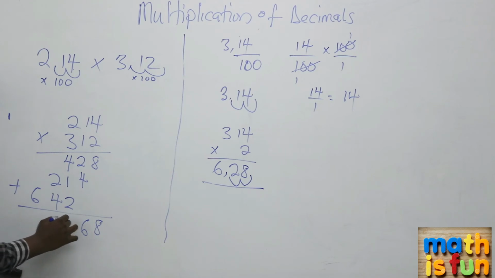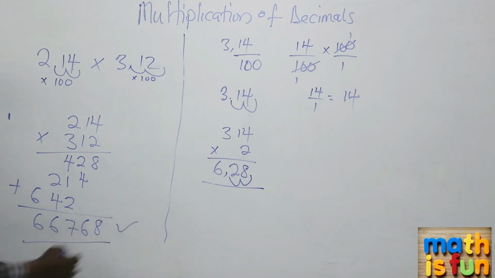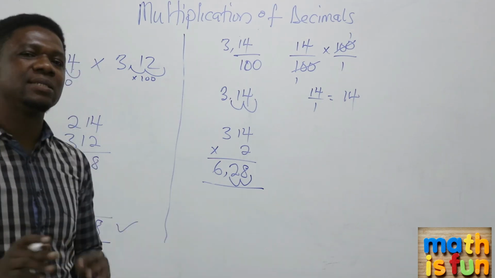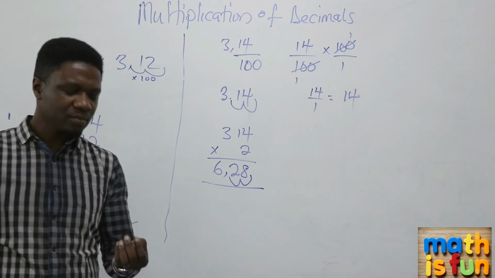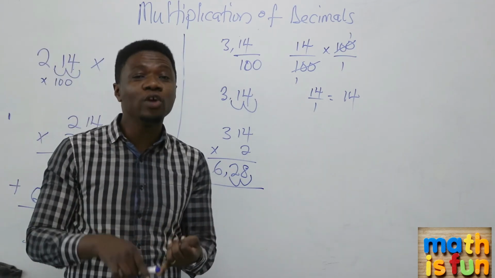This will give us 7. This will give us 6 and 6. So our total will be 66,768.